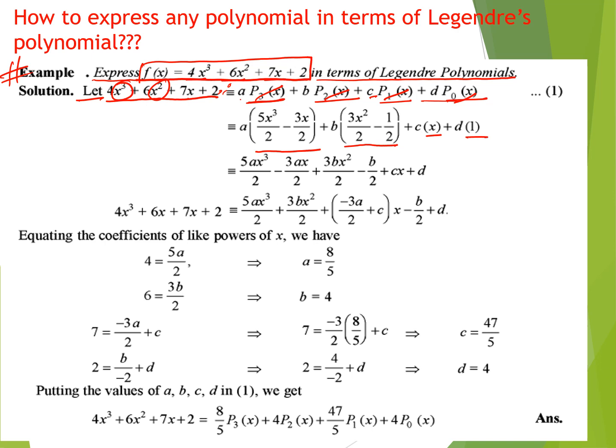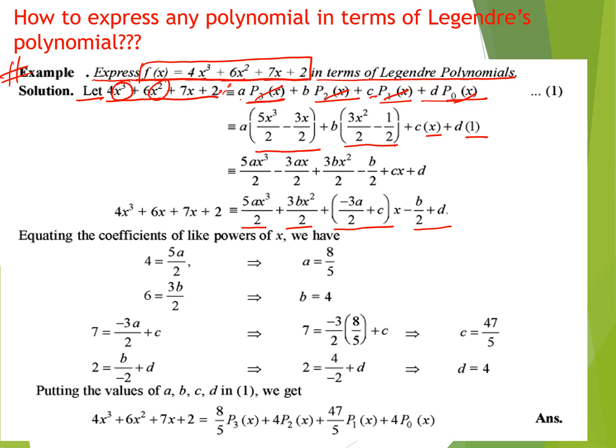Now we simplify it, and we find that this is equal to 5a by 2 x cube plus 3b by 2 x square plus (minus 3a by 2 plus c) into x minus b by 2 plus d.